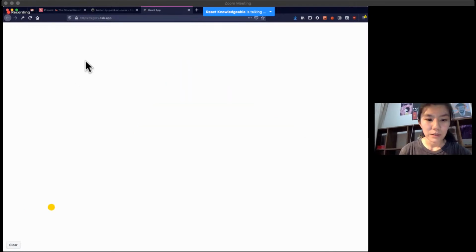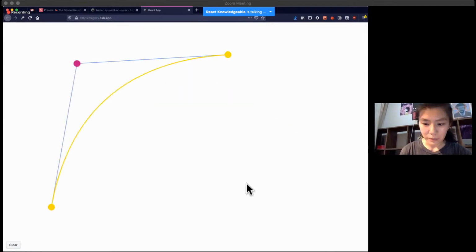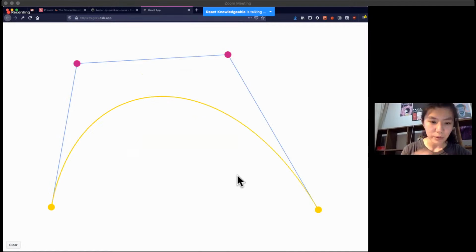I think we might need to formulate our thoughts at a private time, but basically here is what it's looking at. This control point is the control point from the second to last generation, and this one is the third to last generation, and this one is the original point.